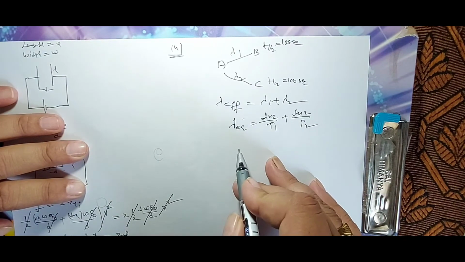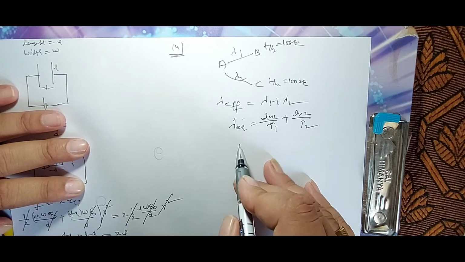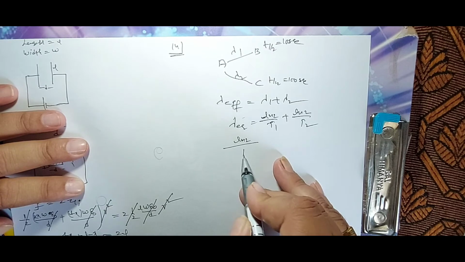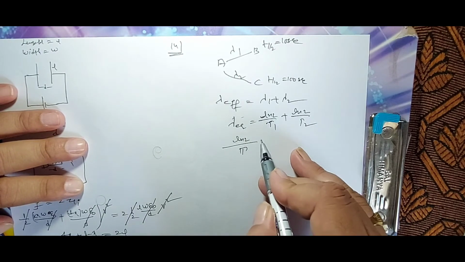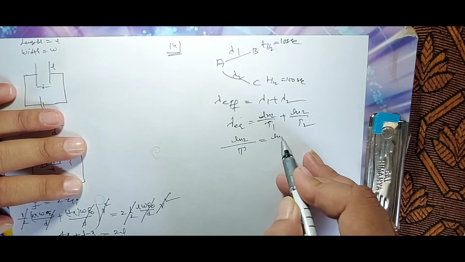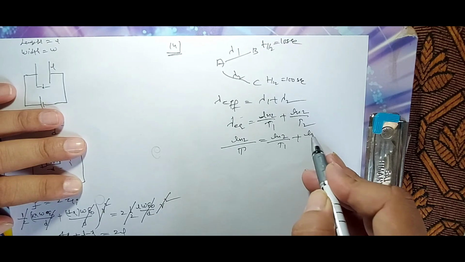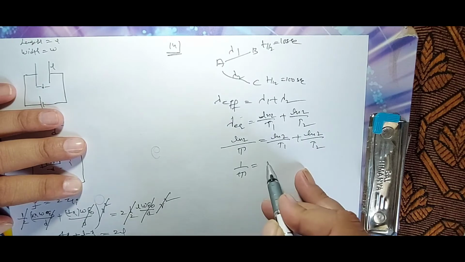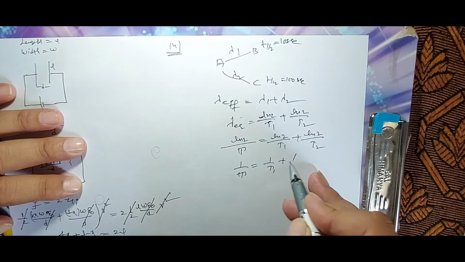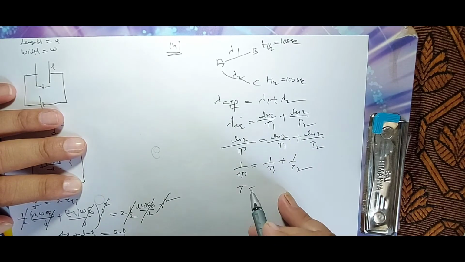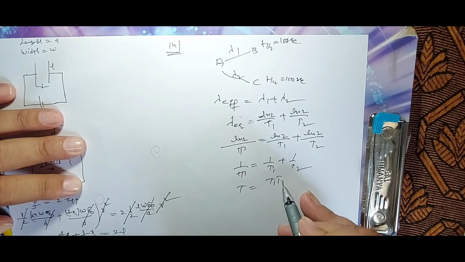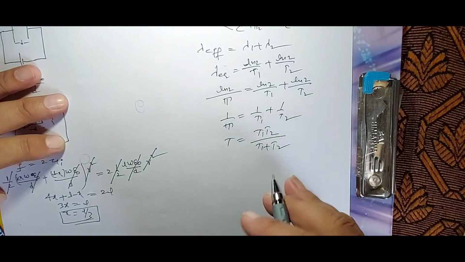So, lambda equivalent is equal to ln 2 by the effective half-life T, is equal to ln 2 by T1 plus ln 2 by T2. That means 1 by T is equal to 1 by T1 plus 1 by T2. So, T is equal to T1 T2 divided by T1 plus T2.